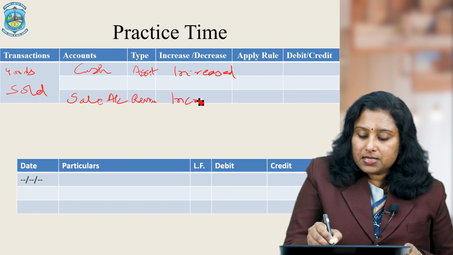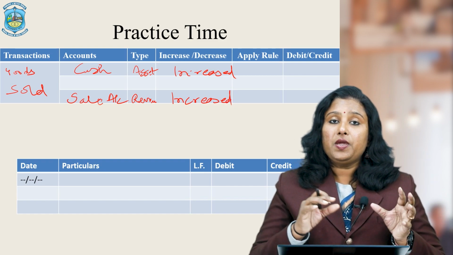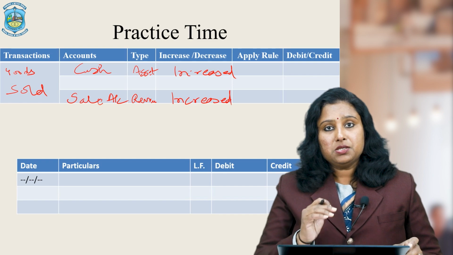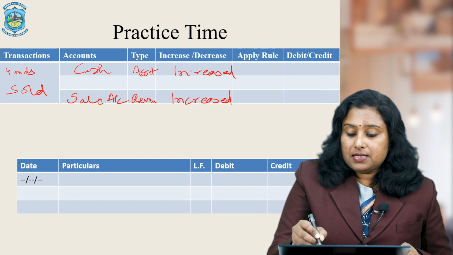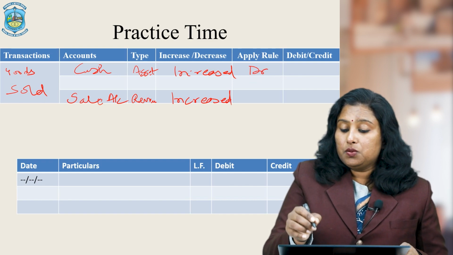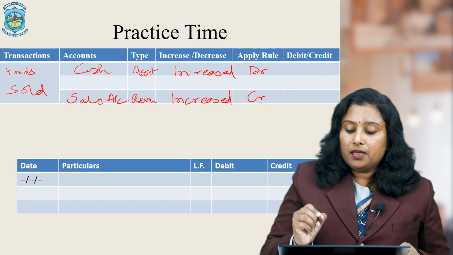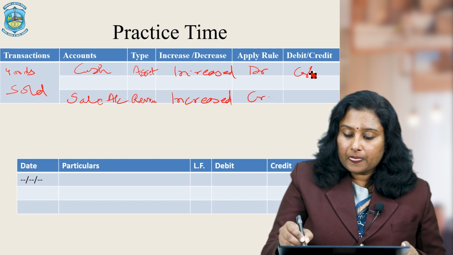Okay. So, this is called transaction analysis. We are analyzing a particular transaction stepwise. Now, we will apply the rule. Increase in assets are debited, whereas increase in revenues are credited. Therefore, which account will be debited? Cash account will be debited and sales account will be credited.